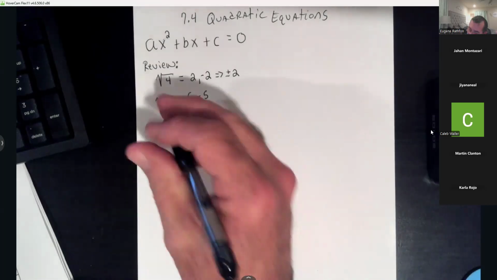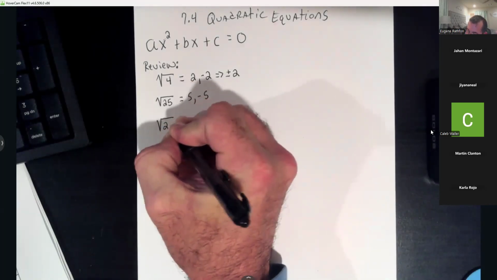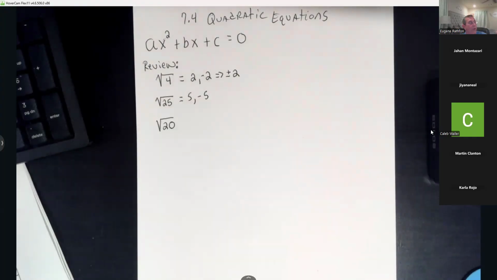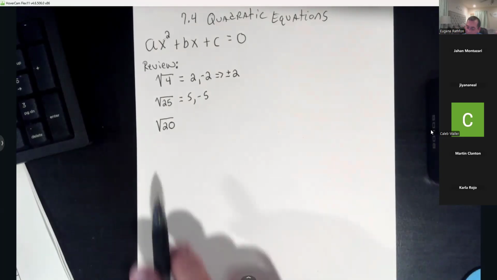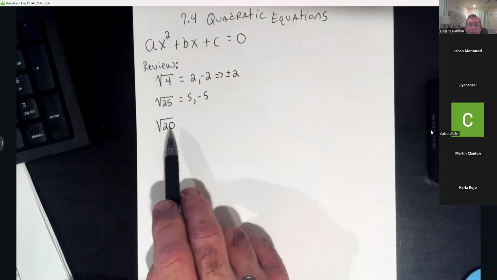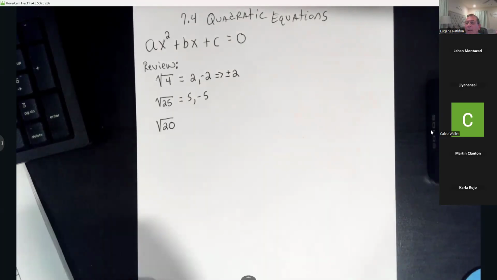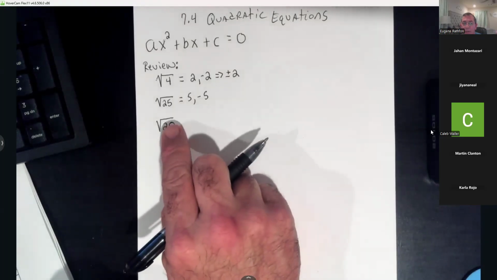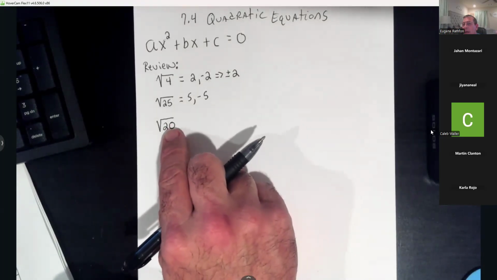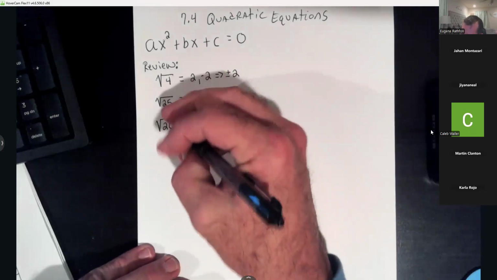All righty. So here comes your first curveball. Square root of 20. Y'all notice this. 20 is not a perfect square. There is not a number times itself that'll give me 20. So this is not a perfect square, but you got to be able to simplify this.